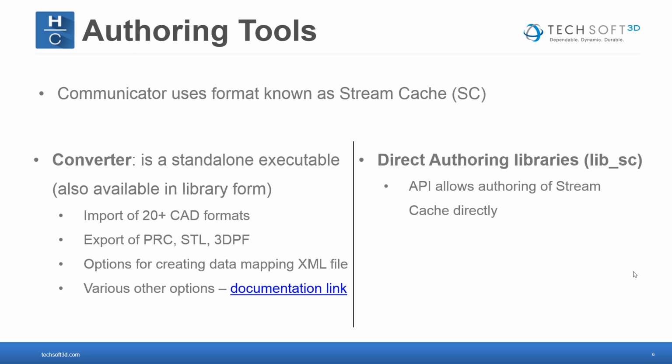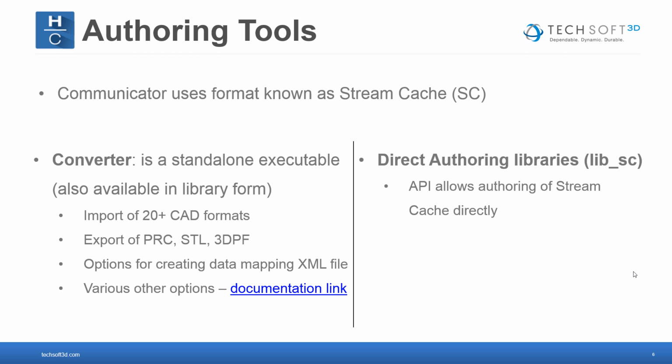Also, one thing a lot of people are using Converter for is to generate image files or preview images of the model. You can customize the view and load different configurations and create these preview images of the file. So that's a handy thing for a Converter.